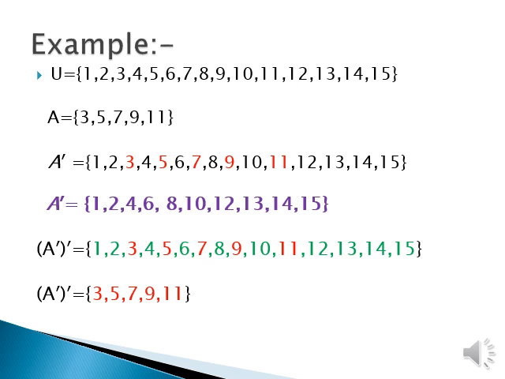Now here, if you see the elements of set A and complement of A complement, the elements are exactly the same. Therefore, according to the equal set rule, we can write complement of A complement is equal to A. So this was the statement that the complement of a complement set is always the given set itself. Understood, children?